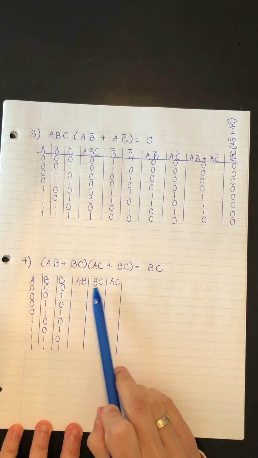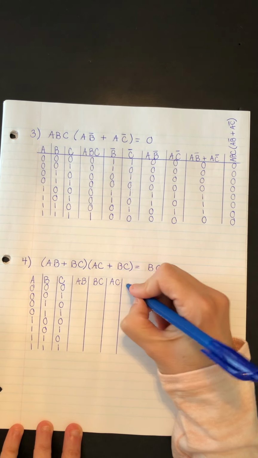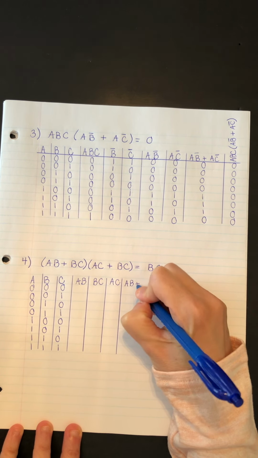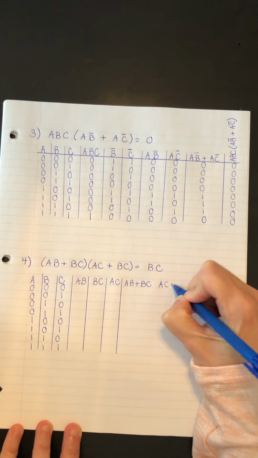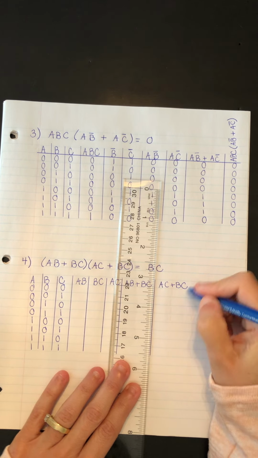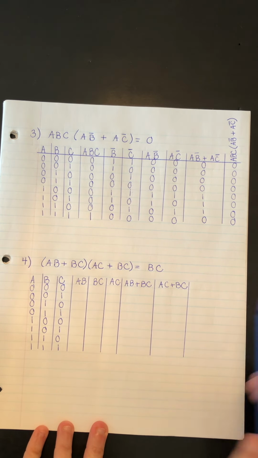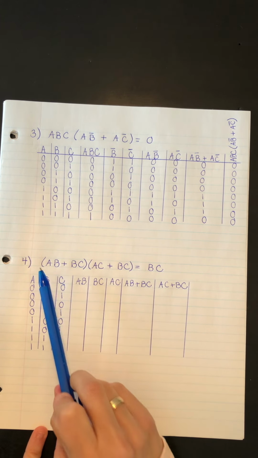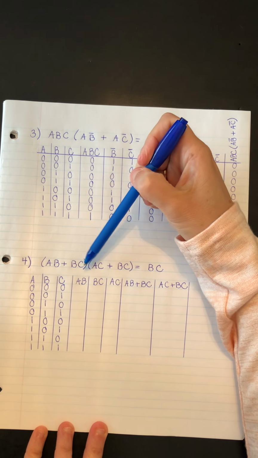So those were the 3 AND gates. Now this is an OR gate and this is an OR gate. So I need a column for that OR gate and a column for this OR gate. And then what else? In setting up the left side, I've got this and this done, this and this. What's the last thing to do?